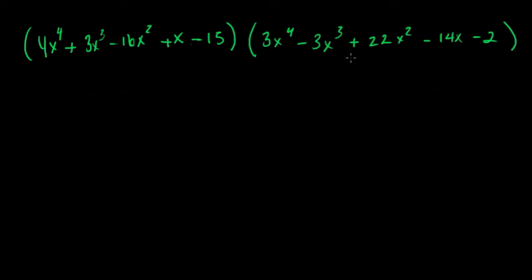We're dealing with 88 minus 9 minus 48, and we should get 31. So positive 31x to the 6th. Now let's look at the 5th. We're dealing with minus 56 plus 66 plus 48 plus 3, and we should get 61. So plus 61x to the 5th.